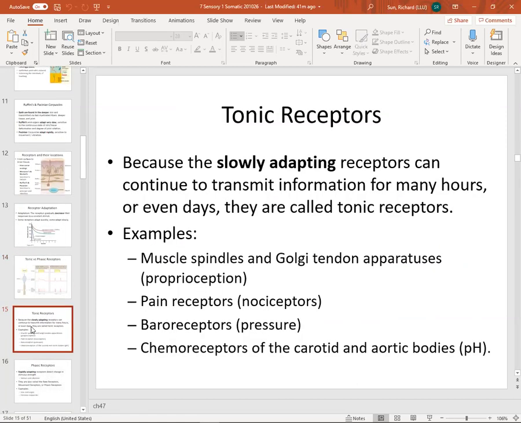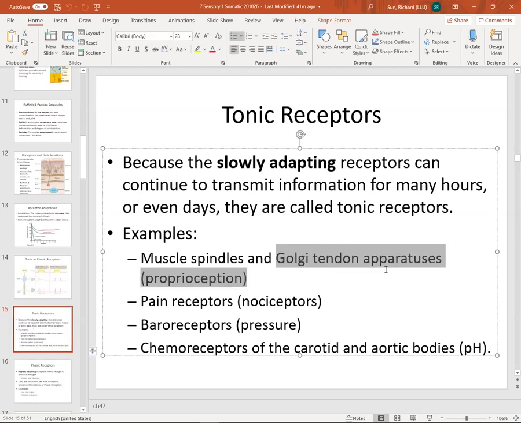So tonic receptors are slow adapting receptors. Examples include the muscle spindle and Golgi tendon apparatus. These are important to provide proprioception, so our brain knows where our bodies are located.